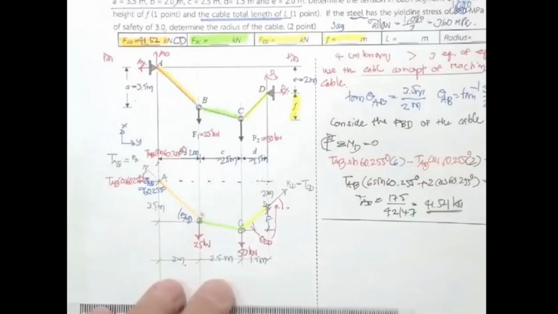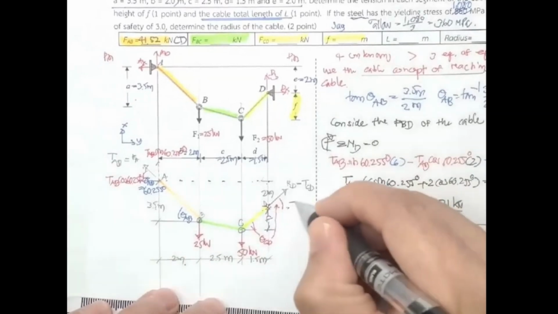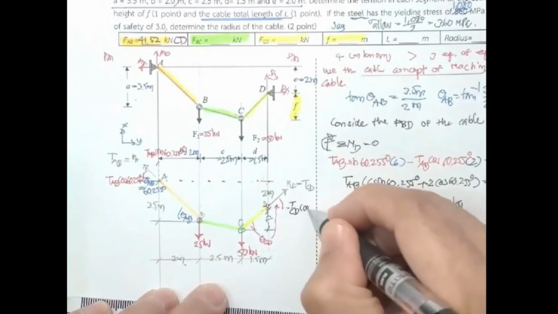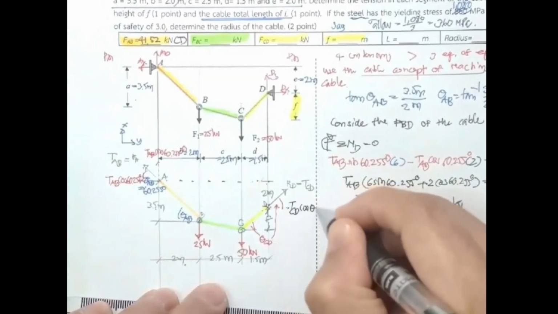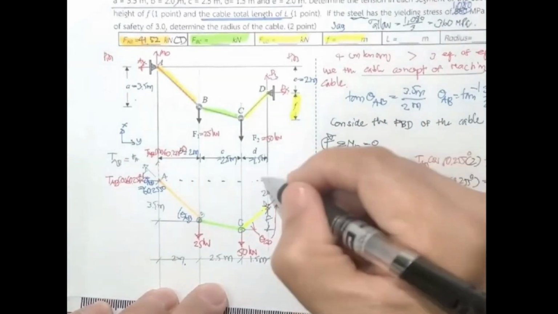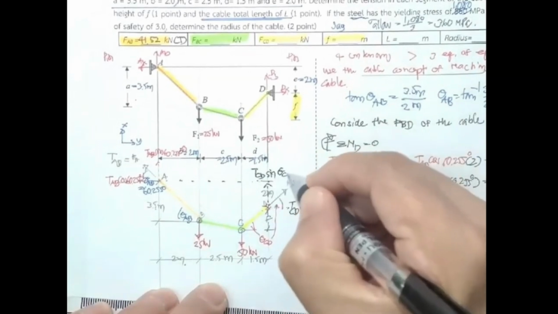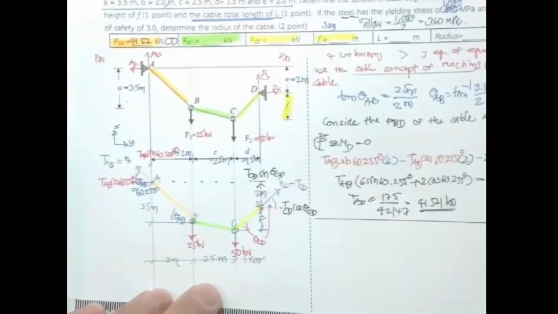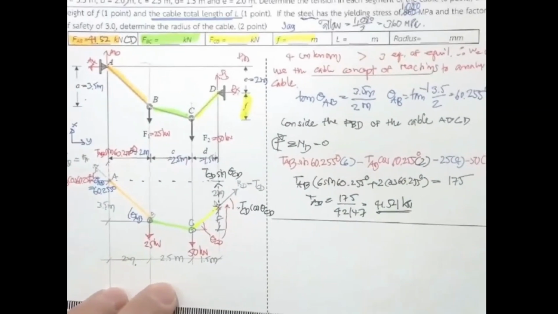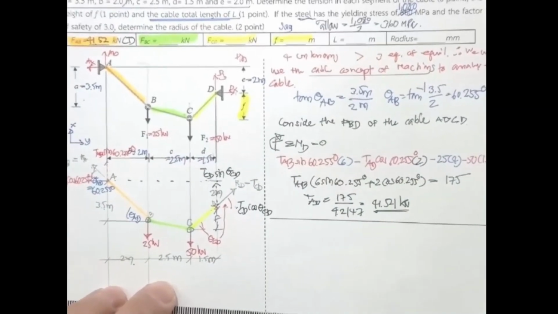Then what you get is this one can be T sub CD cosine theta sub CD, and this one can be T sub CD sine theta sub CD. Sorry for moving it too far away. What did you get?